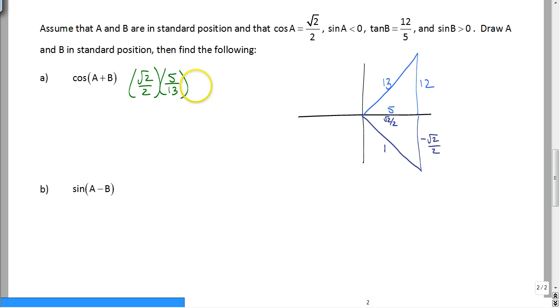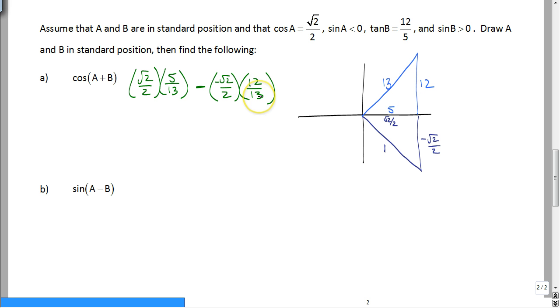And this is going to be minus. And now we need to do, what is the sine of a? The sine of a, opposite over hypotenuse, is negative root 2 over 2. And then we're going to say, what is the sine of b? And we know that for b, the sine is 12 over 13.